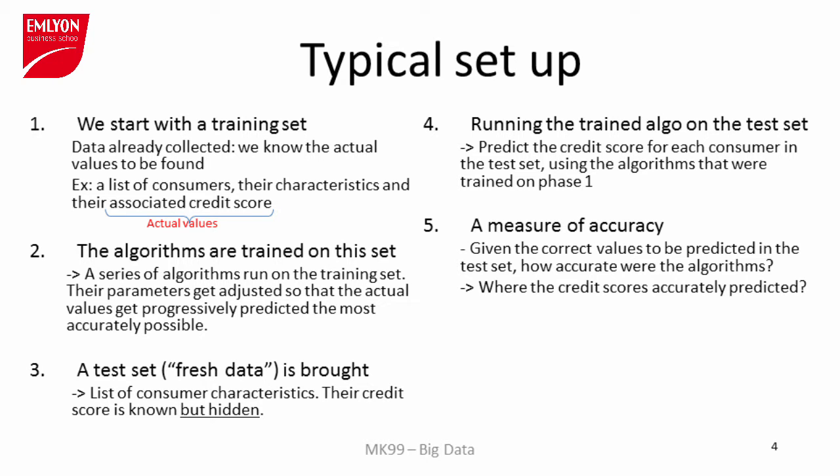That's very useful because this is the data set that you will use to train your algorithms. This is the data set on which the algorithms will loop again and again. Maybe the first time they loop, they will number crunch the features that you have for each customer and try to predict the credit score, and it's going to be so bad.